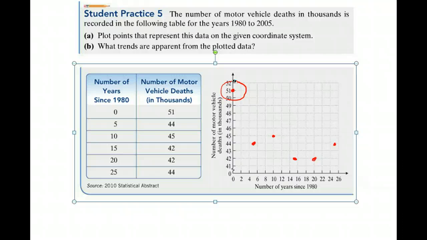However, around 1985, remember our increments are in years since 1980, so we're going every 5 years, so that would be about 1985 and following. The number of deaths have dropped and apparently leveled off. So as you can see, they have dropped and become relatively stable. They might have gone slightly up or slightly down, but they definitely dropped and seem to have stabilized.